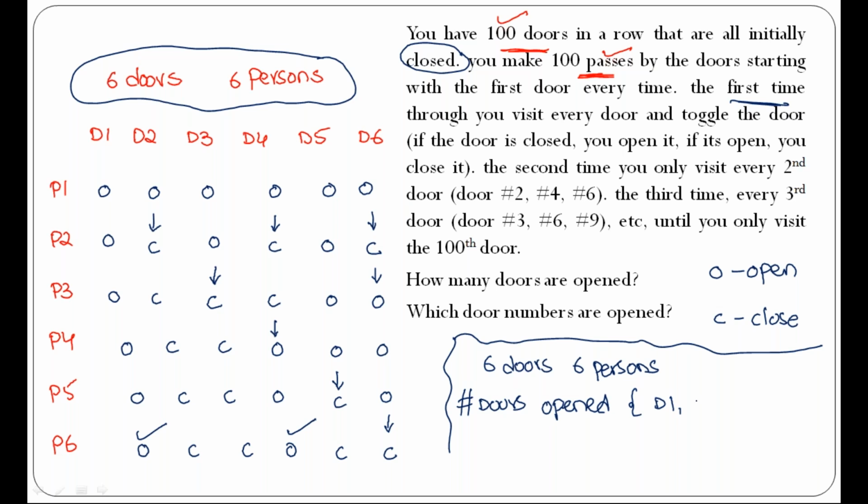Friends, 1 and 4 are perfect squares. So finally, I can decide that only perfect squares are open. That's the logic. I came to know only 1 and 4 are open, 2 doors opened.